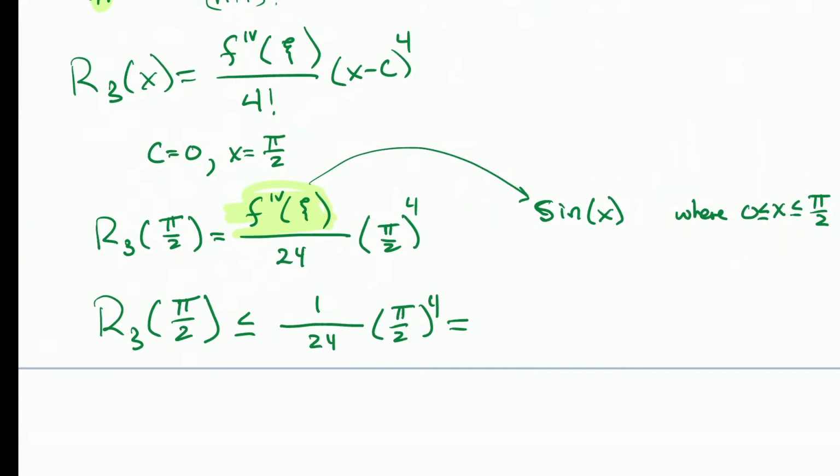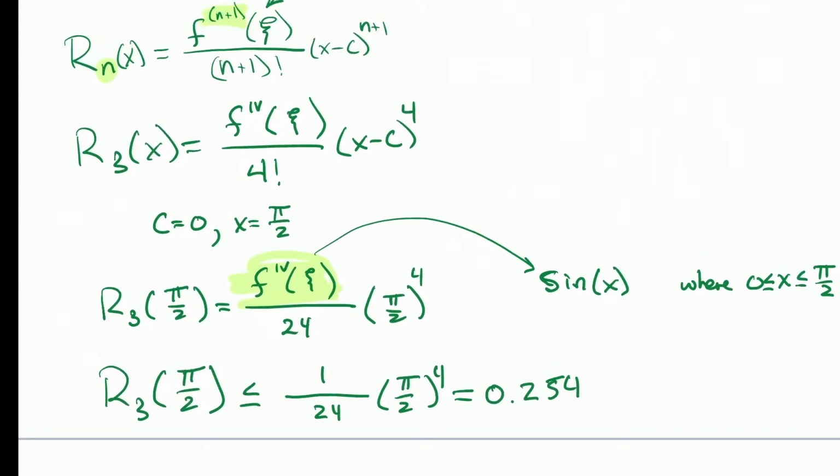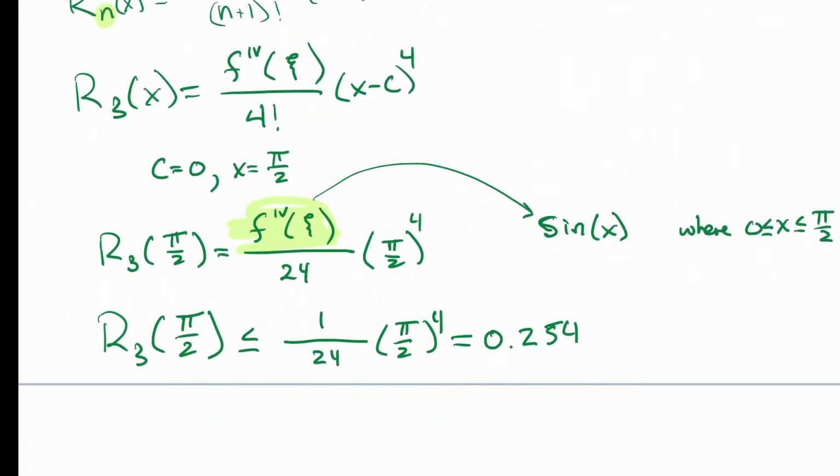So 1 over 24 times pi over 2 to the 4th power. I'm getting 0.254, which is pretty big. But what this tells me is that if I use this polynomial to approximate the sine of pi over 2, then this is as bad as it can get.